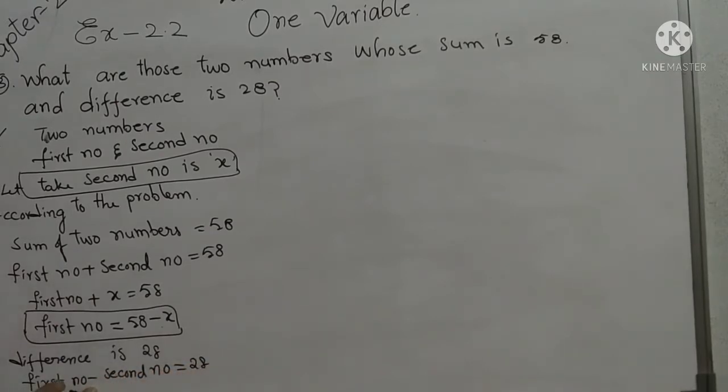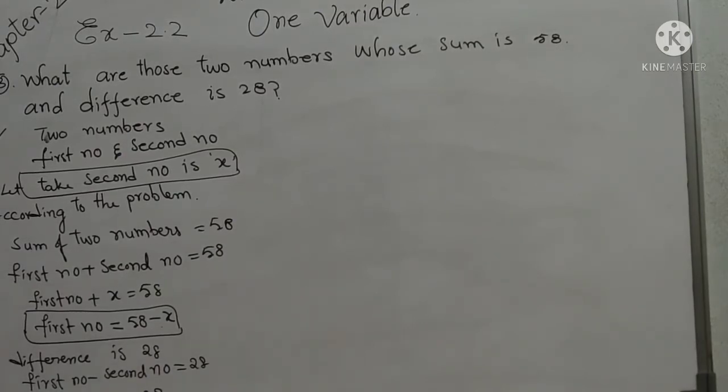Why do we have minus here? That is the difference symbol. What is the first number? We know the first number is 58 minus x, minus the second number x, is equal to 28. Understand that?